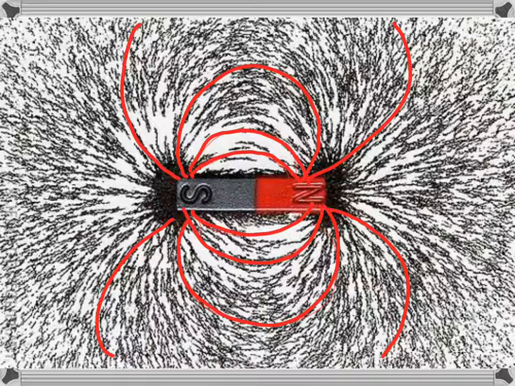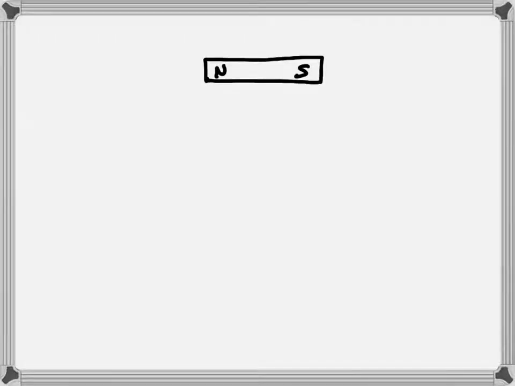But in addition, the other difference, which we'll talk more about later, is that if you cut the dipole in half, so you have a north pole on one end and a south pole on the other end, it's actually awfully difficult to separate a north pole from a south pole. What I mean by that is that a dipole magnet, a north and a south on a bar magnet, like a piece of iron, and I just cut that down the middle, so I'm going to have two pieces.